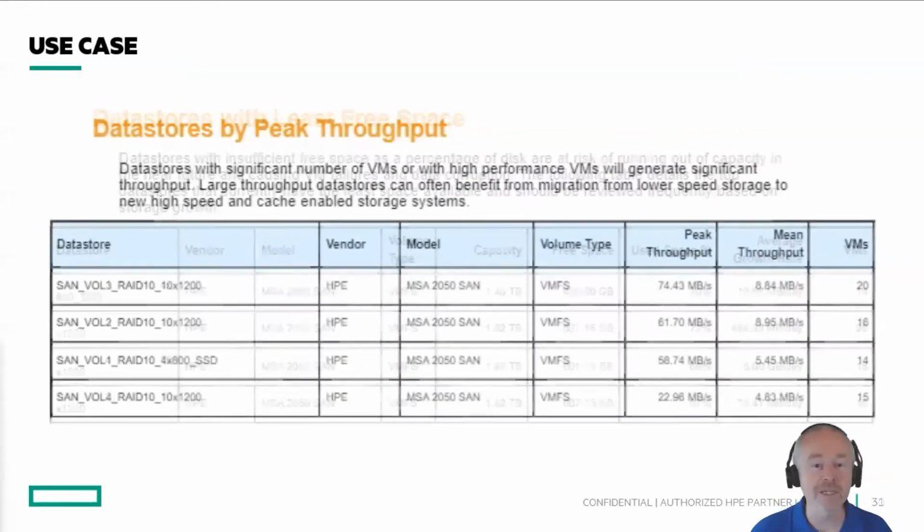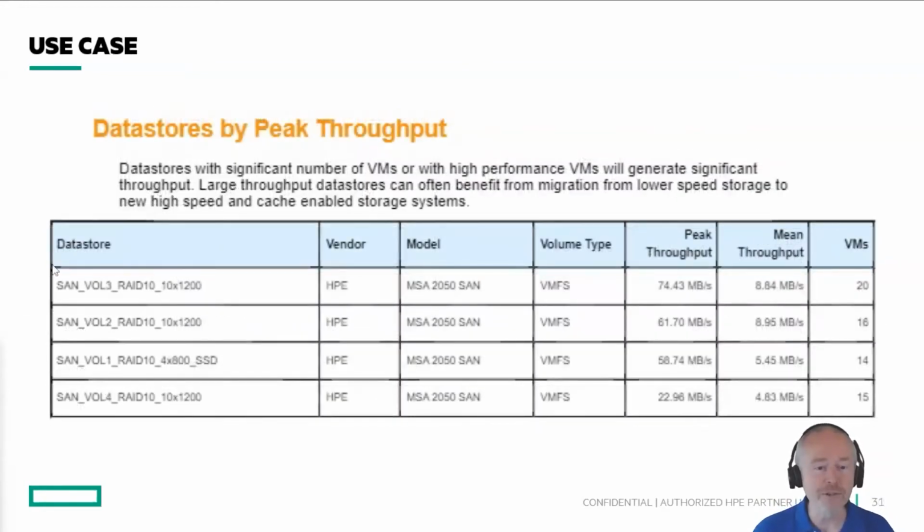Well, what I found out is that with the peak throughput, the SSD volume is the third one in the top 4 of throughput. So there are 2 other volumes in here, because by the way, it's 10 disks, 10 disks, and 10 disks.